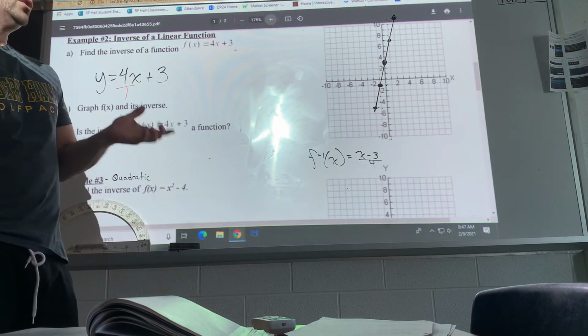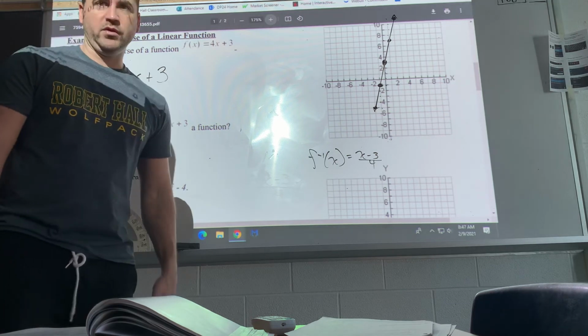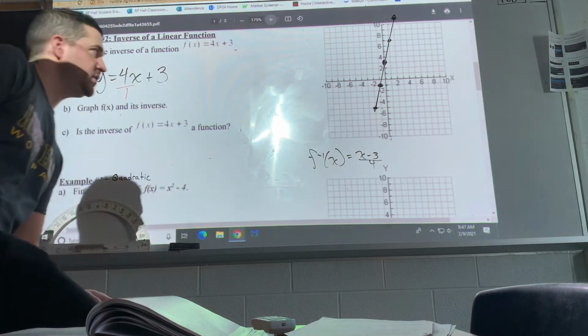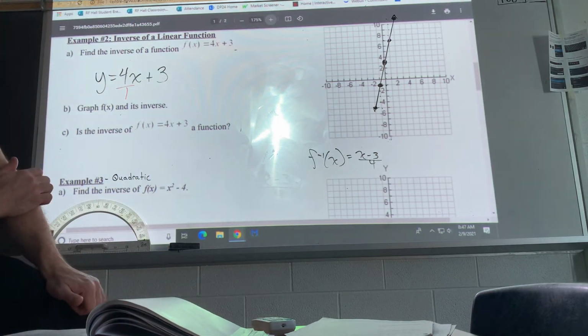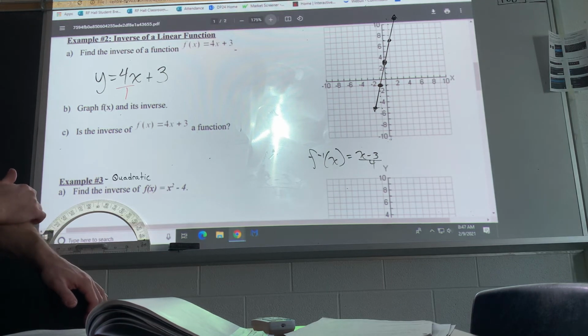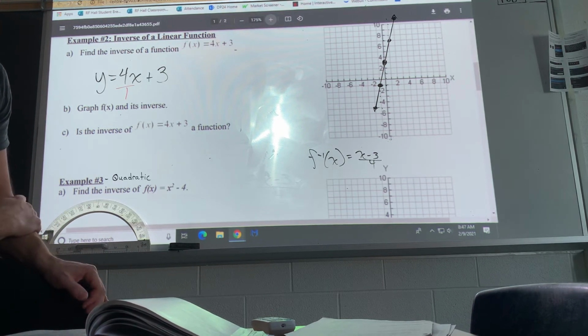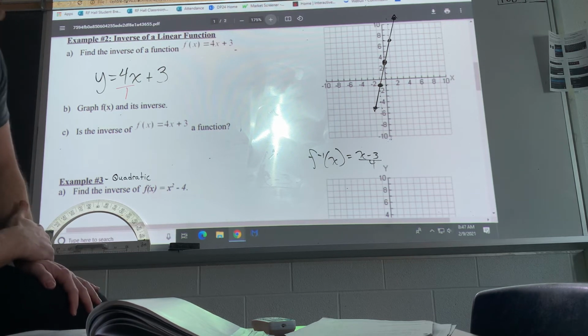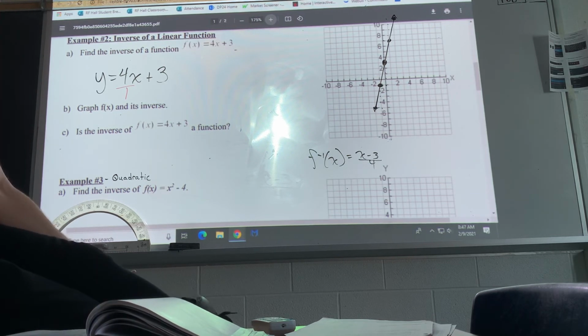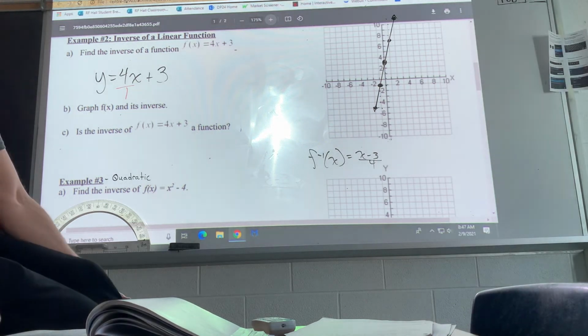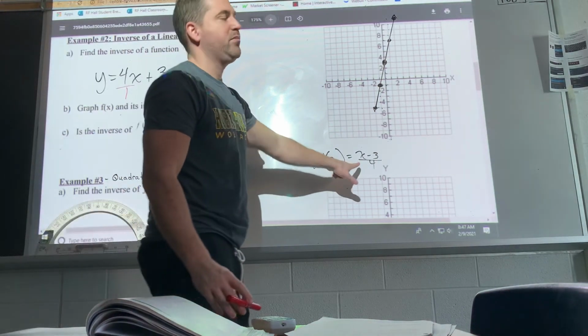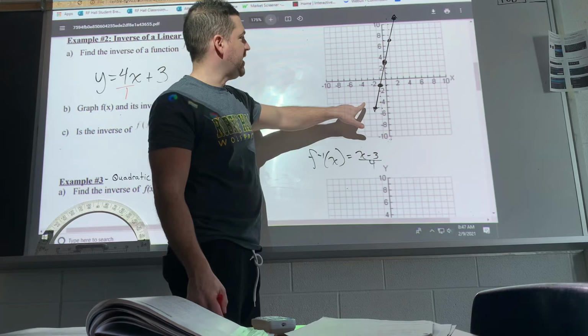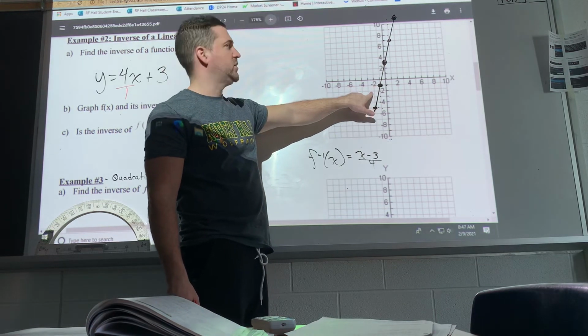What would be an easier way to graph the inverse based on what we learned? Yes, exactly. Ava. So we just use the opposite points. Good. Okay, so don't try to graph this. Like you could if you want to plug in points, but it's easier if you just swap these ones.